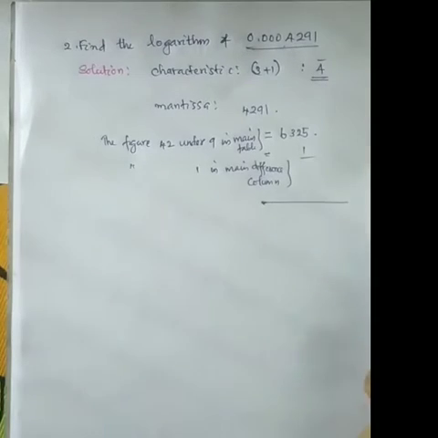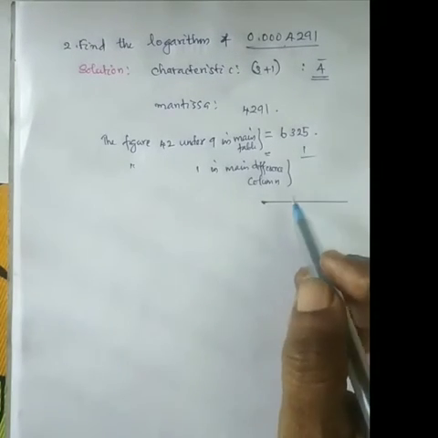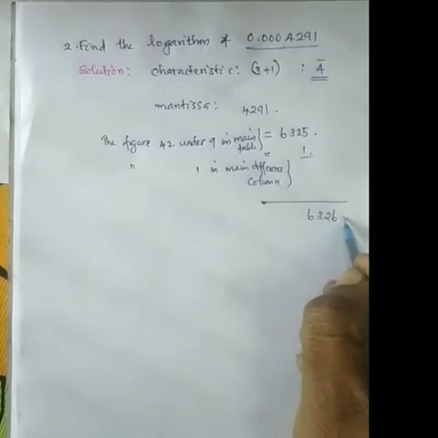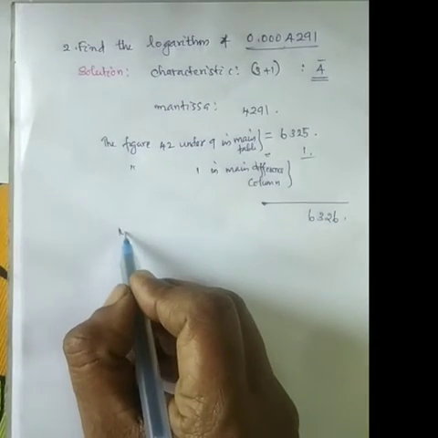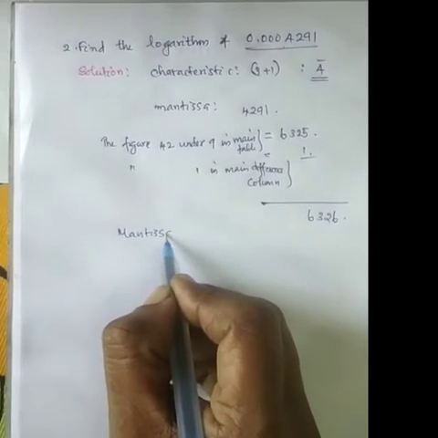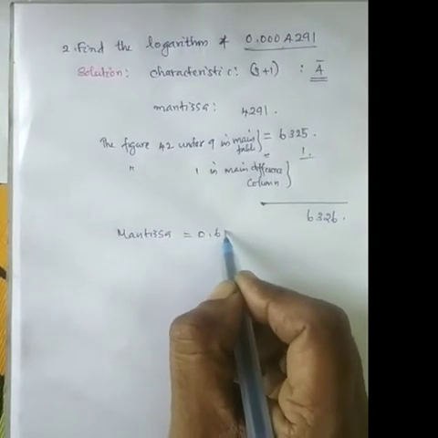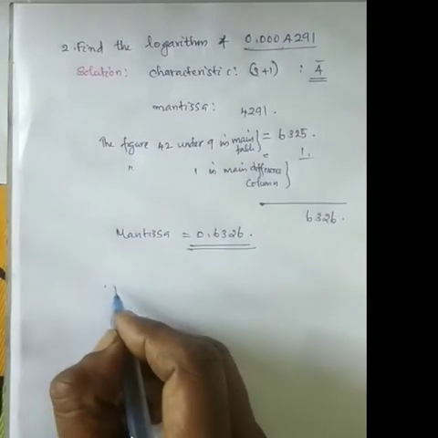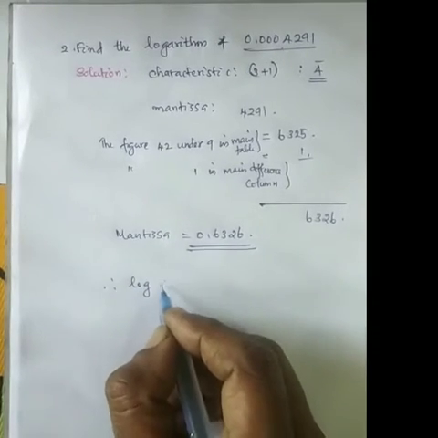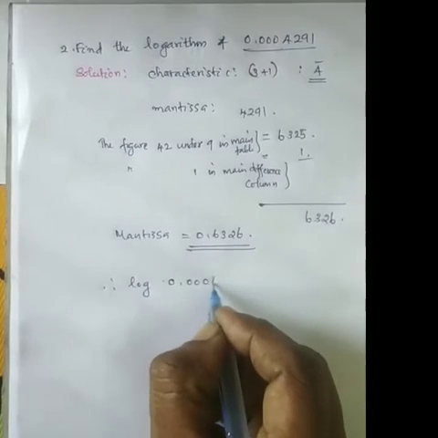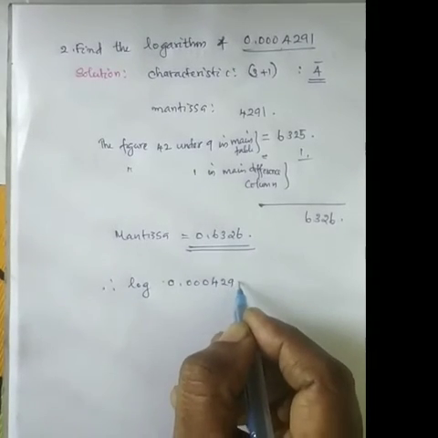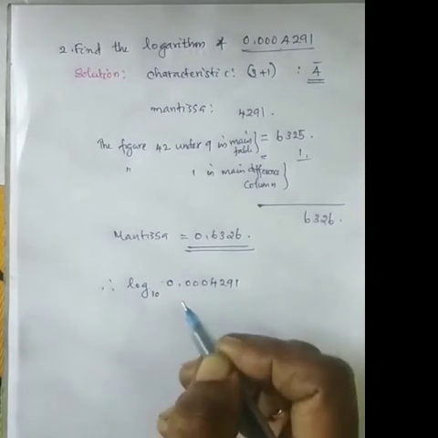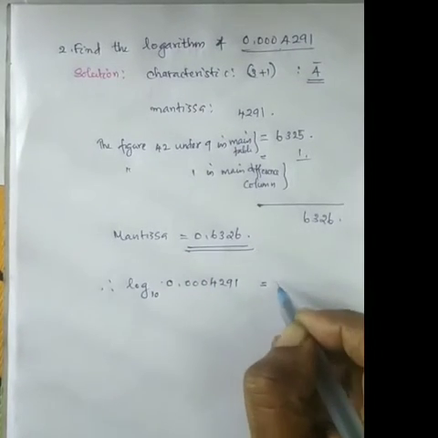Therefore, the mantissa part is obtained by adding these two, that is 6326. Hence, the mantissa is equal to 0.6326. Therefore, the logarithm of 0.000429 to the base 10 is equal to what?